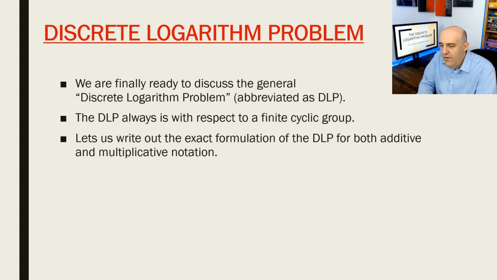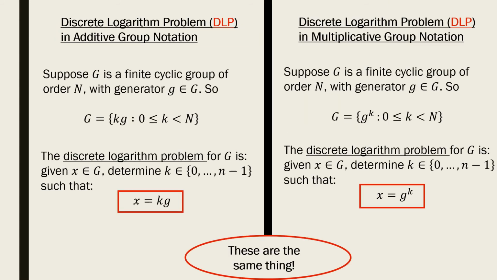All right, we're finally ready to talk about the discrete logarithm problem in general. We'll denote that as DLP. Whenever we talk about the discrete logarithm problem, there's always a finite cyclic group in the background. And why don't we explicitly state the exact formulation of the discrete logarithm problem for both the additive and multiplicative notation.